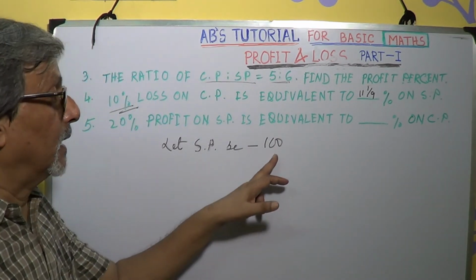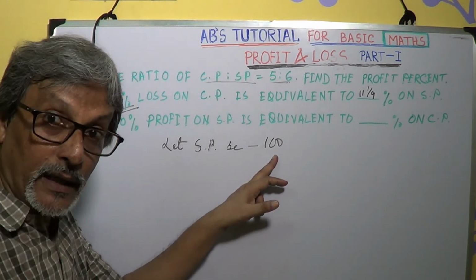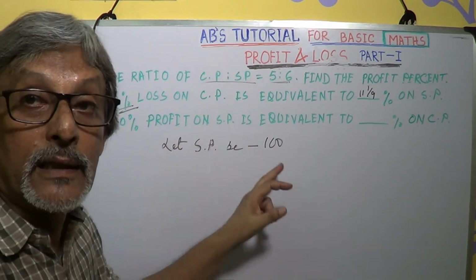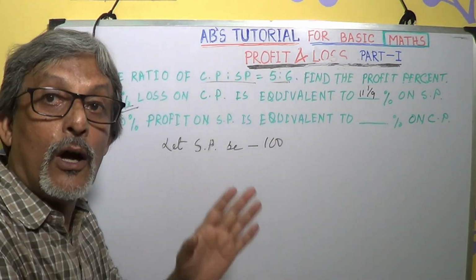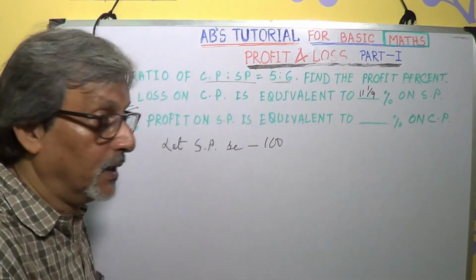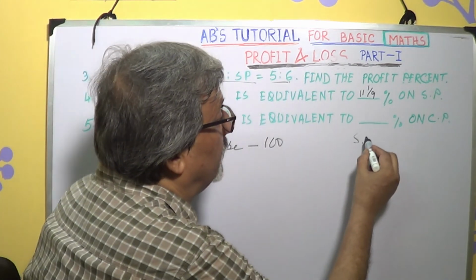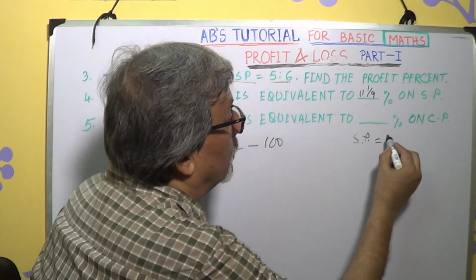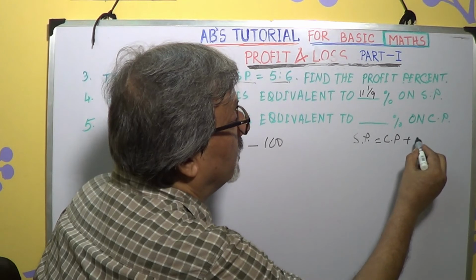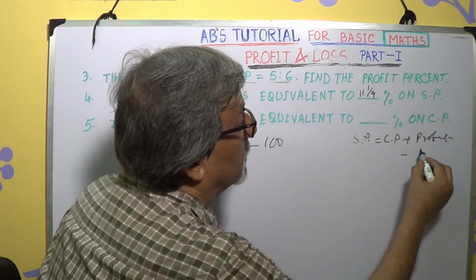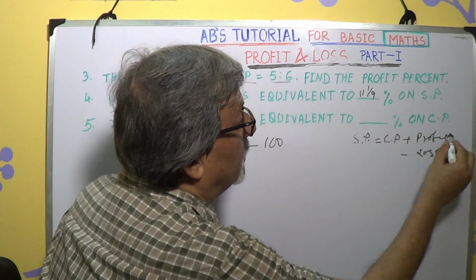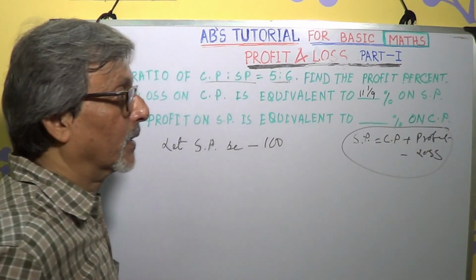Now within this SP, how can we get a selling price? It is the addition of cost price and profit. Selling price is cost price CP plus profit or minus loss. We know all these things from our previous discussion.